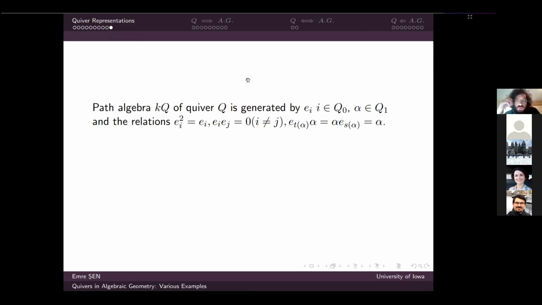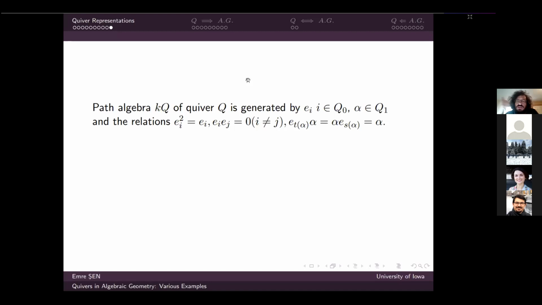Now we can also talk about another part of the story. For a given quiver, we can consider the path algebra. And why I'm gonna do that, just to emphasize that we're gonna reach one theorem, not related to geometry, but from its own perspective, which is important.